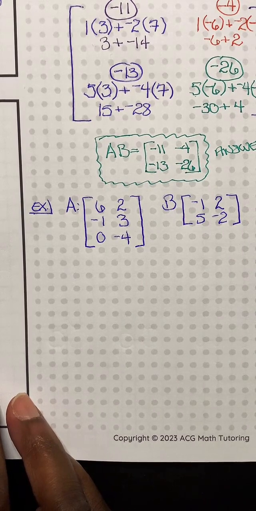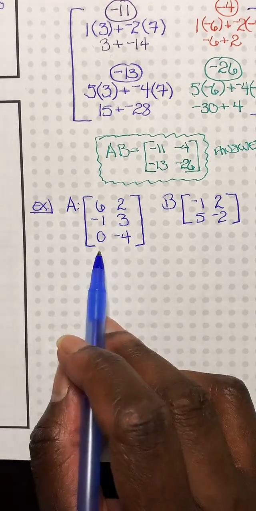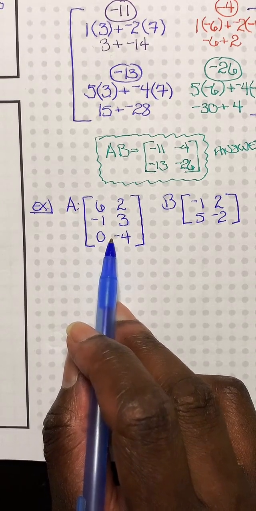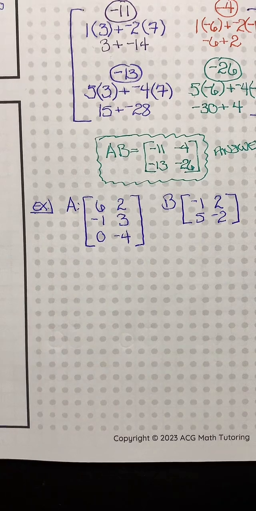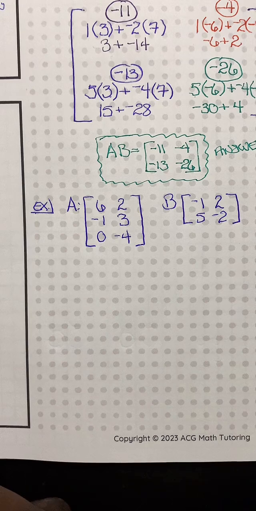Now, taking a look, what type of matrix is A? Put it in the chat. What are my dimensions? 3 by 3? 3 by 2? 2 by 3?